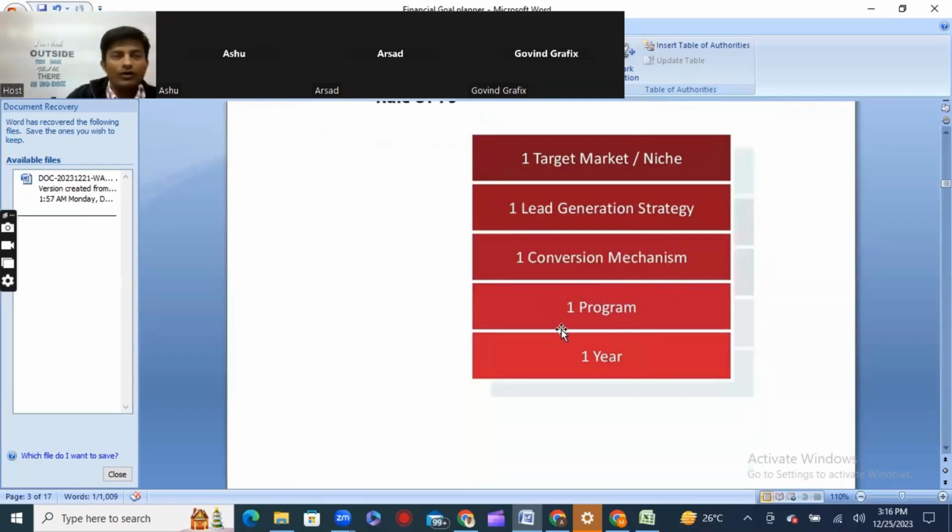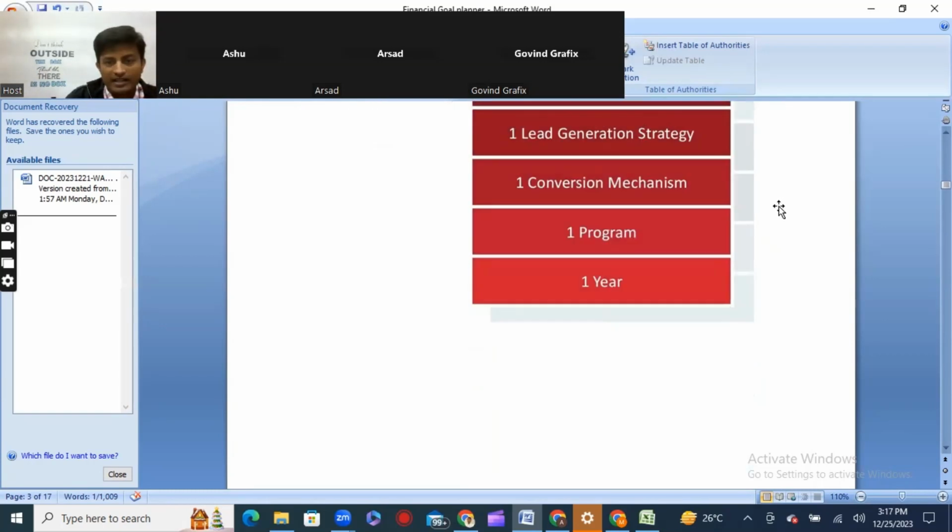We will focus on only one thing for 1 year. There is a saying, wherever the focus goes, energy flows. If you focus on something and keep repeating it, you will become a perfectionist in that. Therefore we will follow one strategy, the power of one.